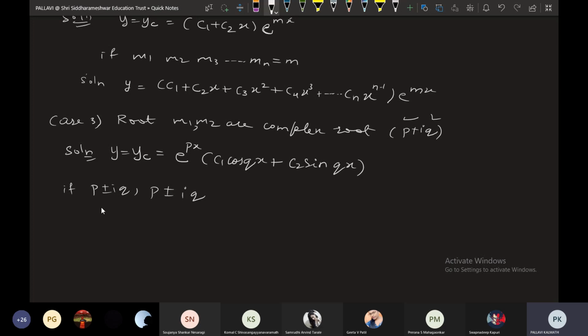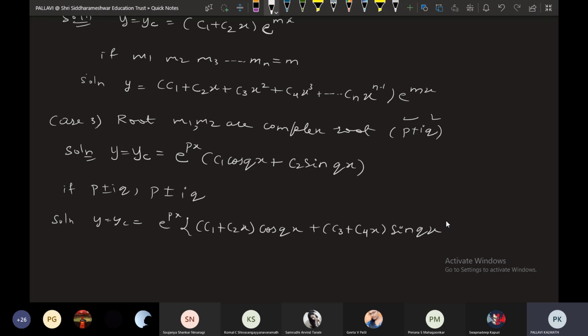Then how are you going to write the solution for this type? y equals yc is written as e raised to px into, repeated means in case 2 what we did, we took c1 plus c2 x, this should be multiplied with cos qx plus, for four roots, we will take again c3 plus c4 x into sin qx.